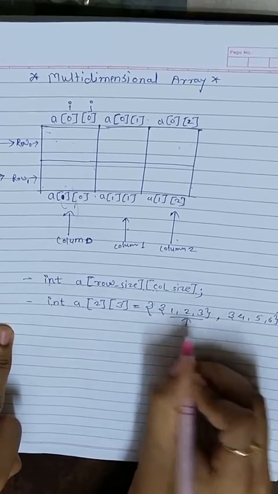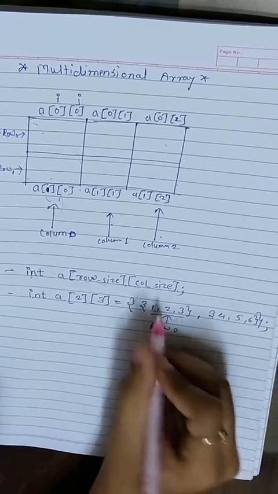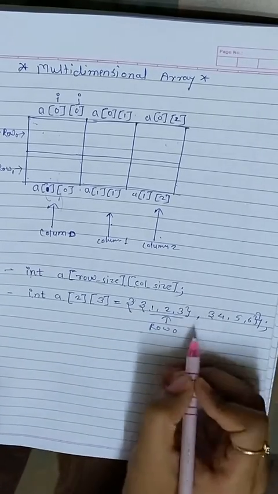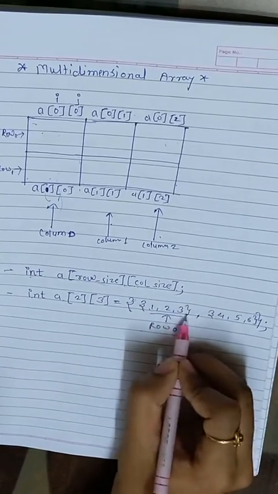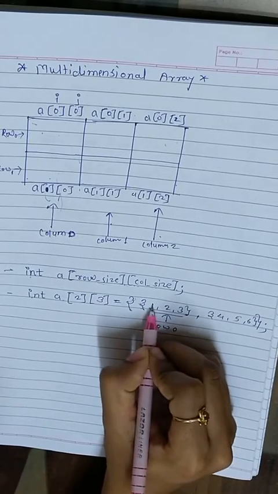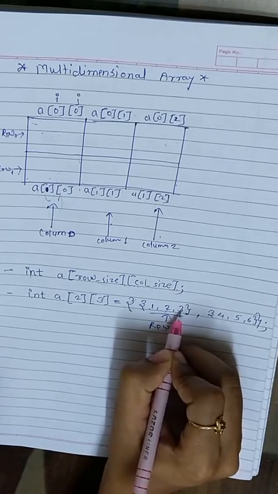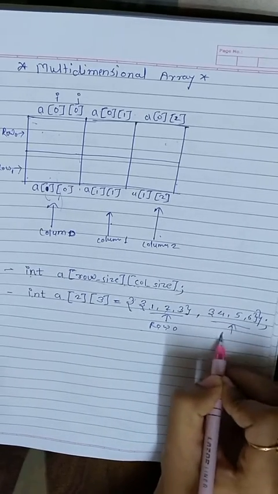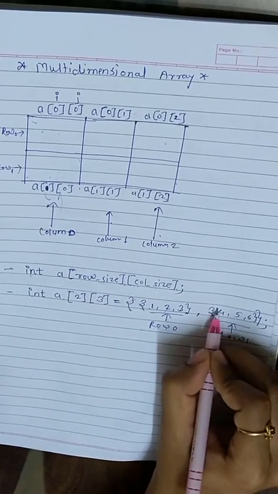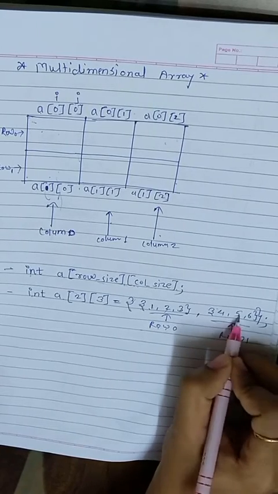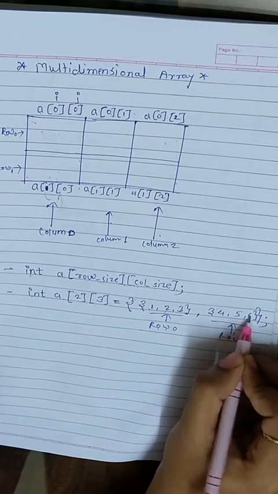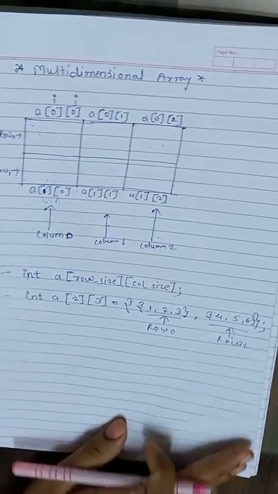These 3 values are for row 0: row 0 column 0, column 1, and column 2 values. Then row 1: row 1 column 0, column 1, column 2.